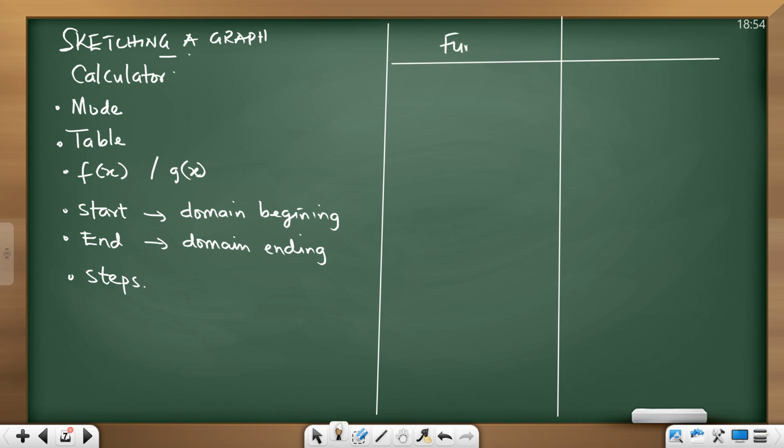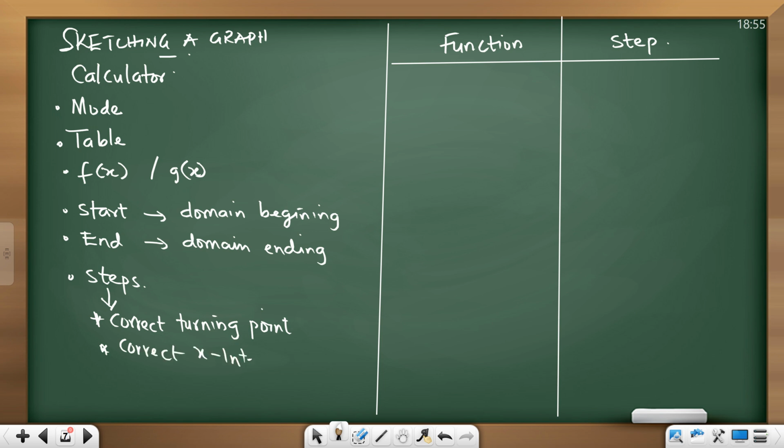Why is the step very, very important? It is important in helping us get the correct turning point, and also helps us getting the correct x-intercepts.